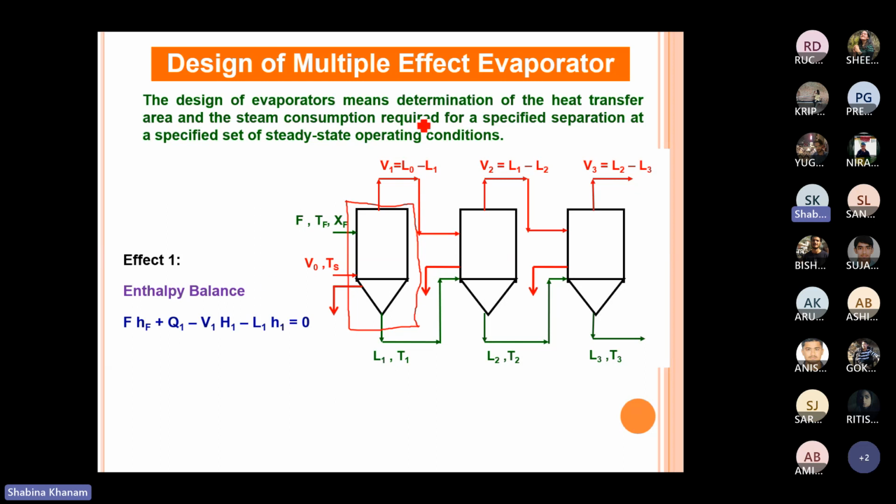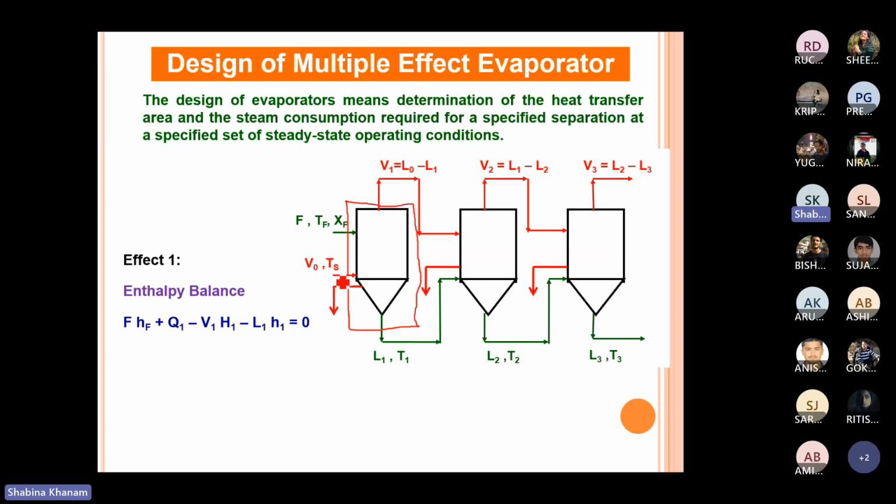We have the inlet feed, we have the inlet steam, and we have three exits: V1, L1, and this condensate. F into HF, where HF is the enthalpy of feed and F is the flow rate, plus Q1, we will see what it is.